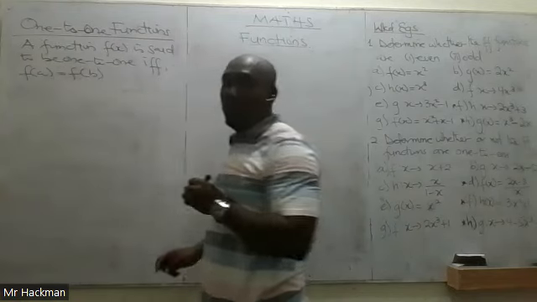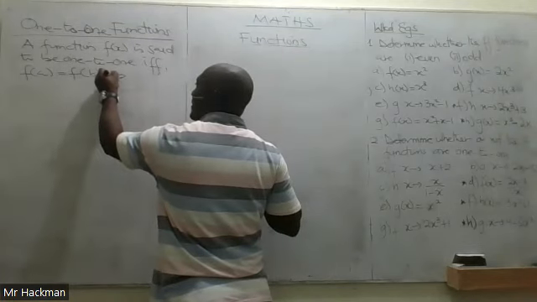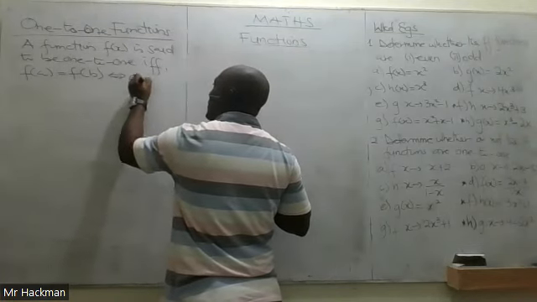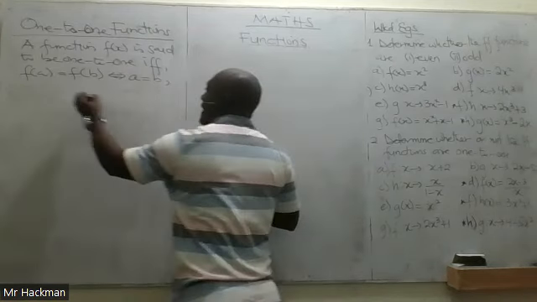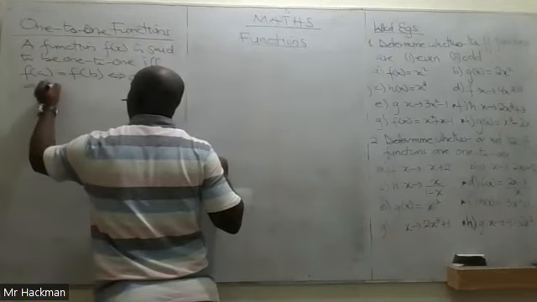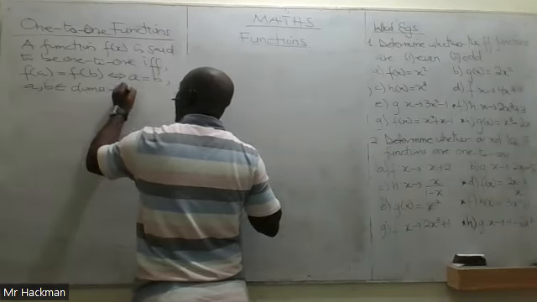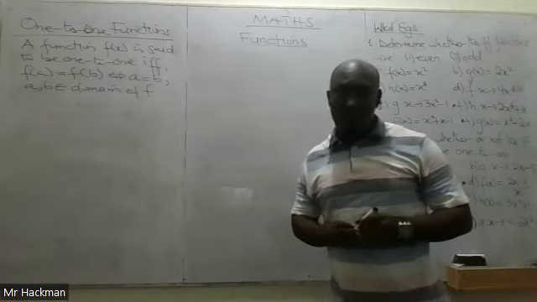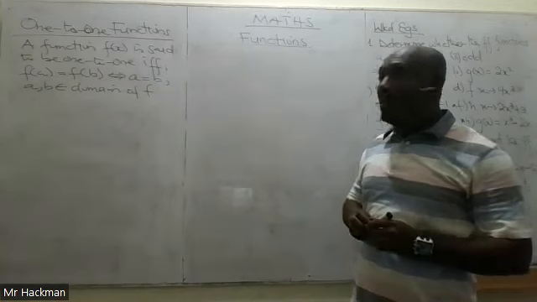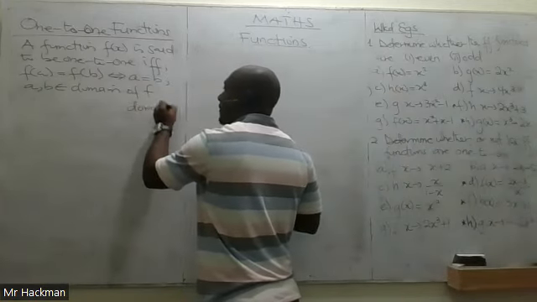And I'm introducing you to maybe a new symbol, a equal to b. But you don't end there, comma, a and b belonging to the domain of your function f. The domain of f can be written as dom of f.